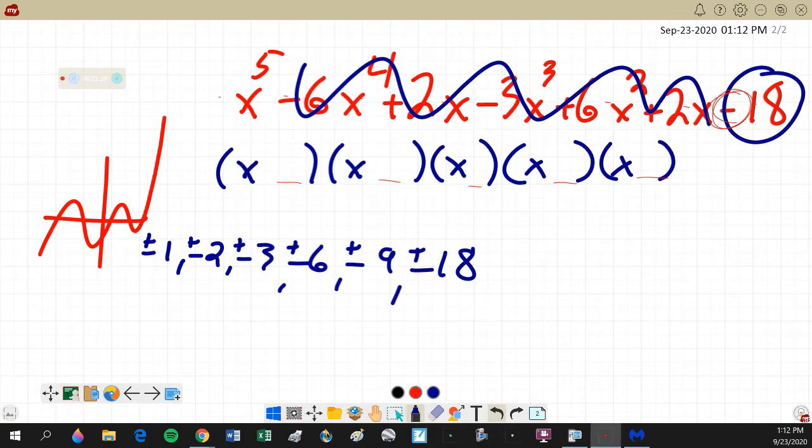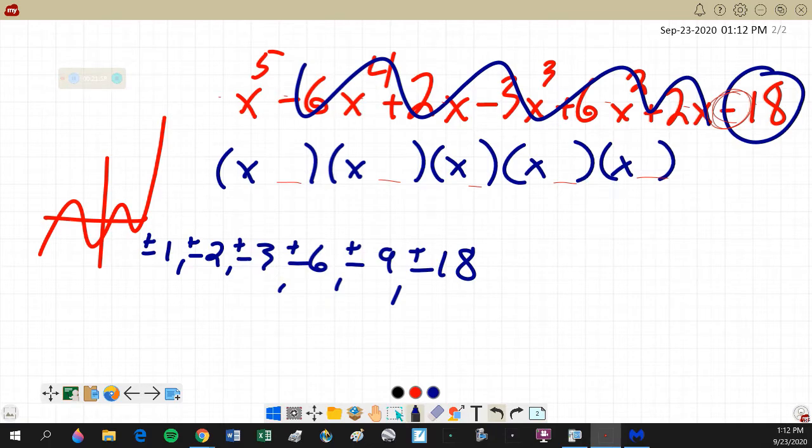But if the graph does hit the x-axis in a nice place, those are the only possible answers. 5 cannot happen. Everybody agree? So, how do we figure it out? We just guess. And the easiest guess is always the number 1, and I'll show you why.